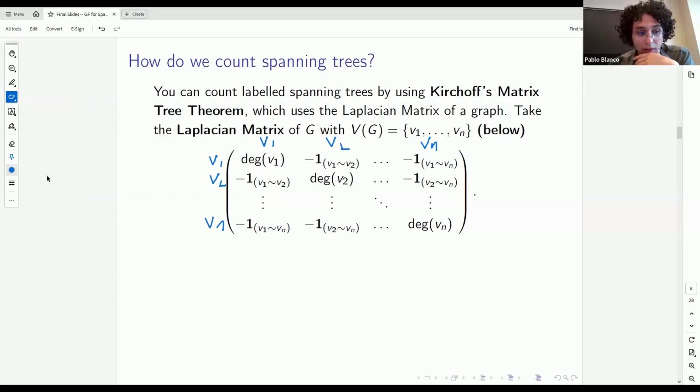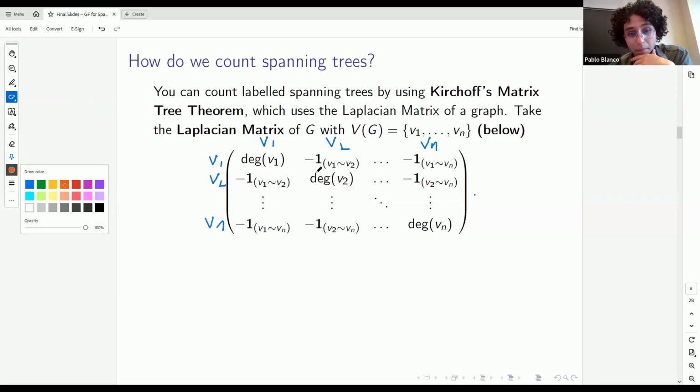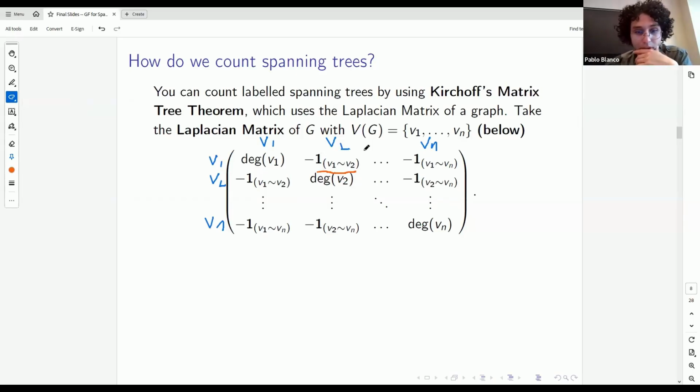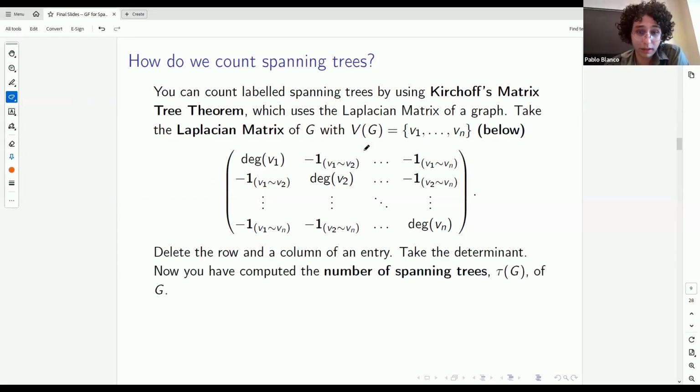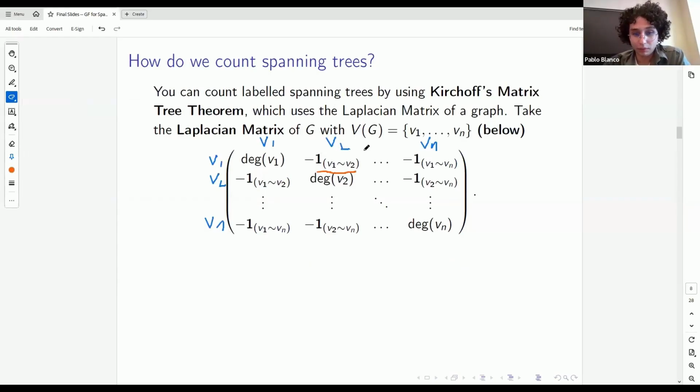The off-diagonal entries are like an indicator. It'll be -1 if there's an edge between the corresponding vertices, or 0 if there is no edge between them. Once we have the Laplacian matrix of a graph, we still want to compute the number of labeled spanning trees.